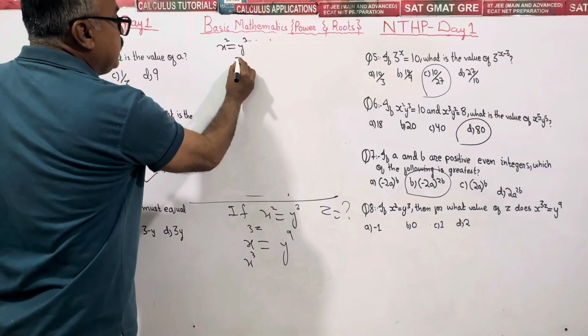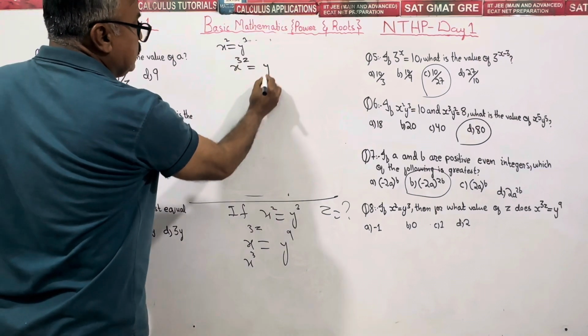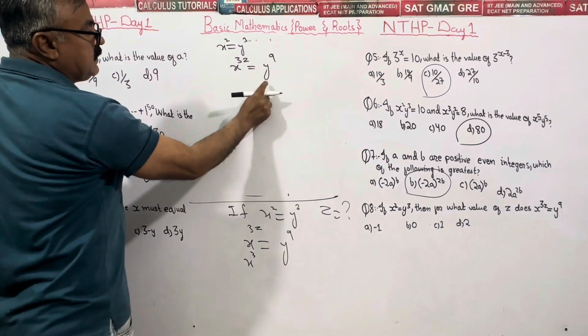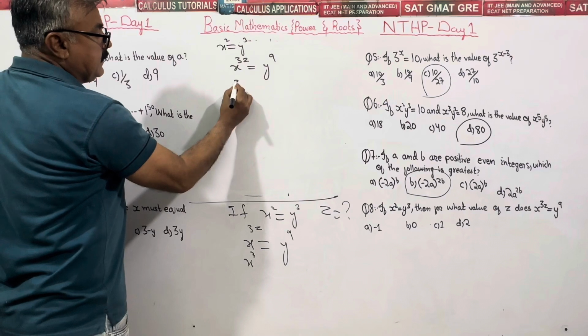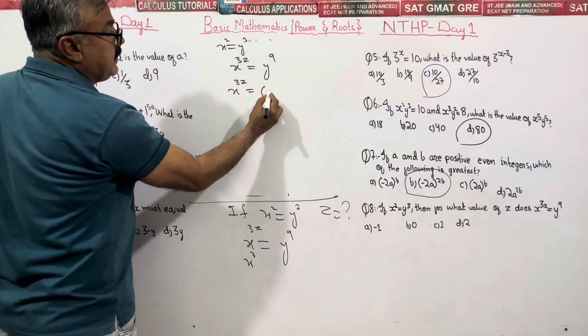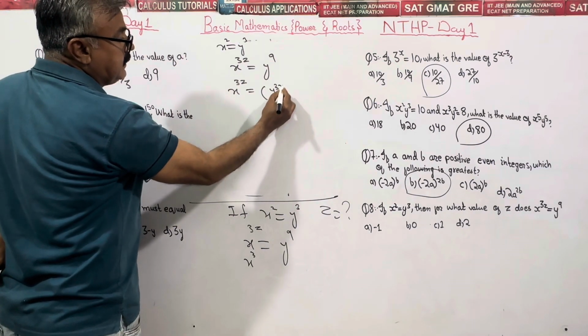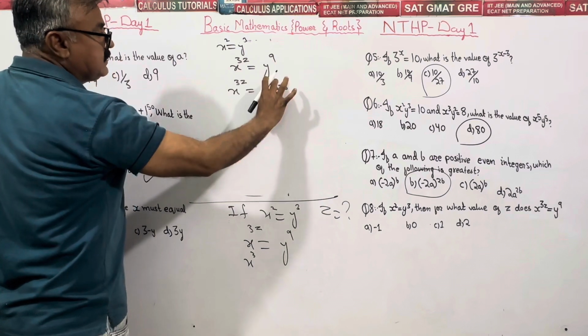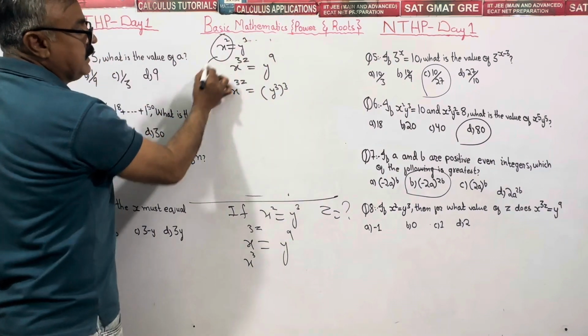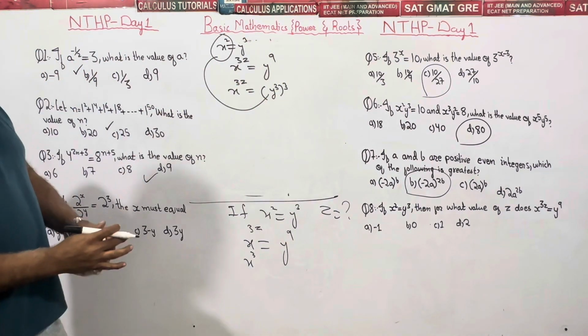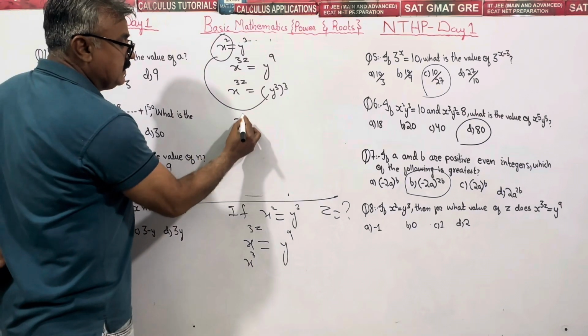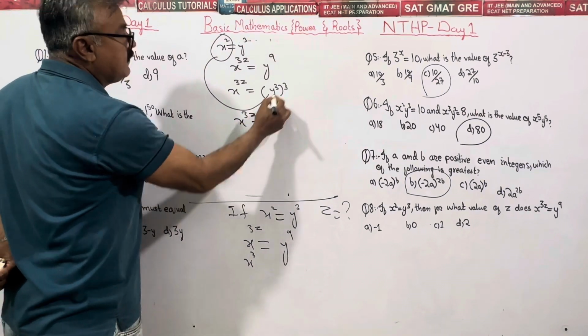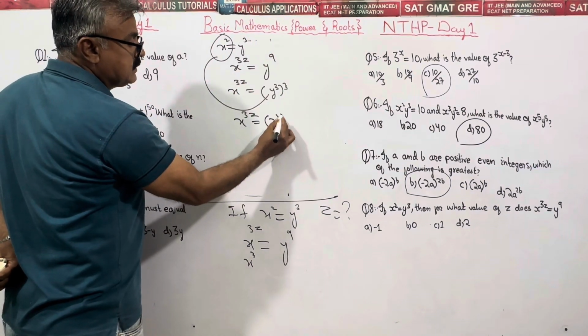We have to manipulate x raised 3z is equal to y raised 9. We can manage y cube here. y raised 9 can be written as y cube raised to 3. 3 3s are 9. Instead of y cube, we can replace x square here. That's the trick behind this. x raised 3z, instead of y cube, we write x square.